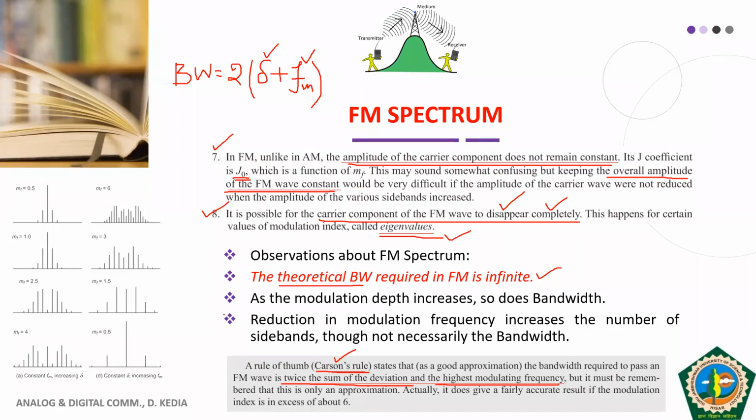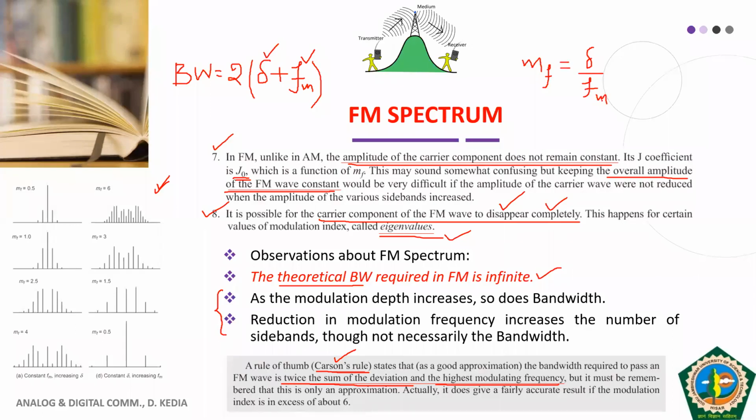The next important point is related to the last 2 points on this slide, and these are related to the figure I'm showing on the left hand side. See students, I want you to understand 2 points. How do we define modulation index? The modulation index MF is equal to delta, the frequency deviation, upon the modulating signal frequency FM.